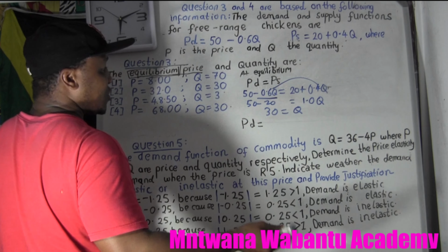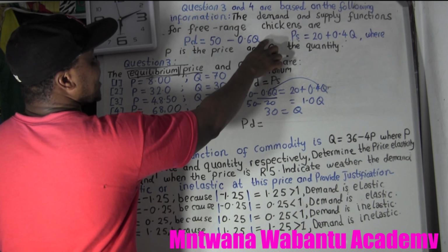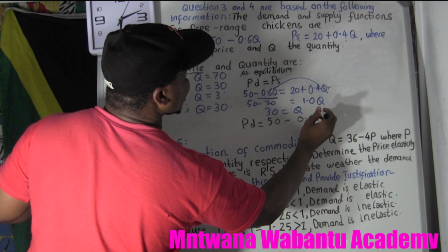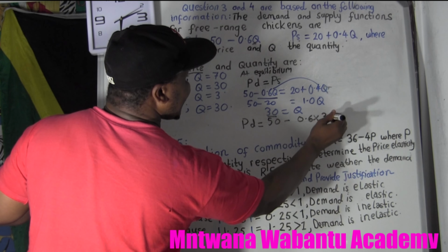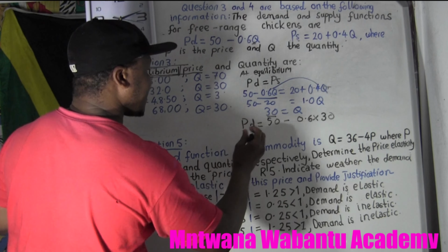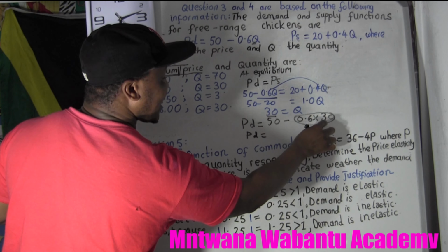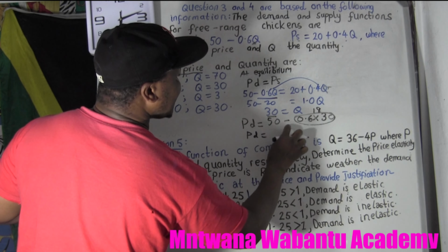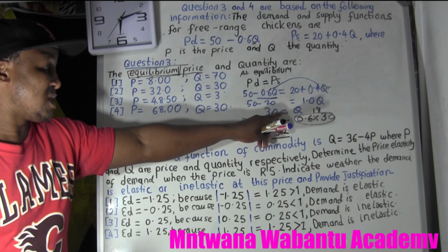But let's plug into both to see if it's true. Price of demand equals 50 minus 0.6 times Q, with Q equal to 30. 0.6 times 30 equals 18, and 50 minus 18 equals 32. So this is the price of demand where the quantity equals 30.